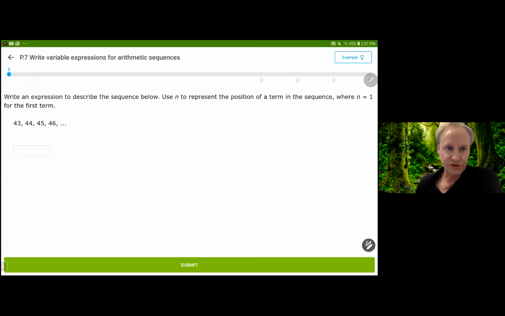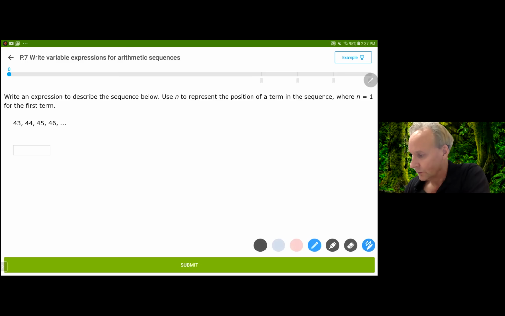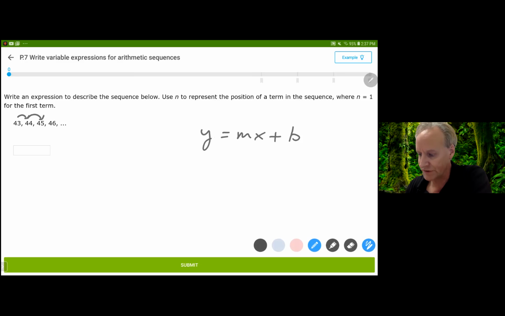I will give you the short version of where you could think of this as coming from. Basically, what we're looking for is an equation kind of like y equals mx plus b. In each case, we can see that the change is +1 every time, and that's going to be the case for all of these.